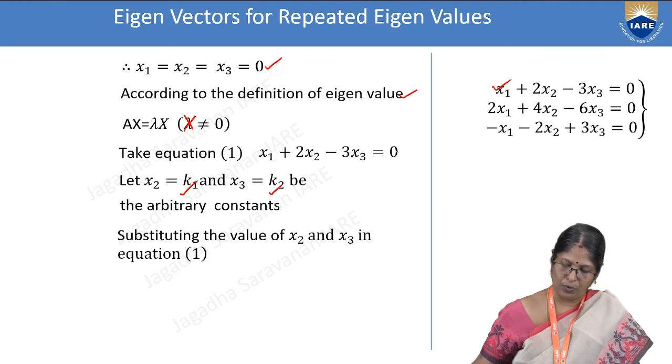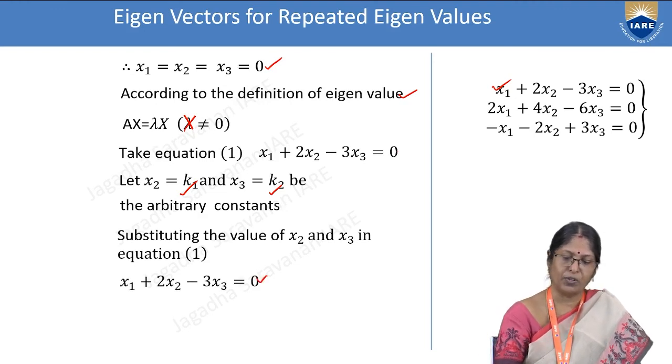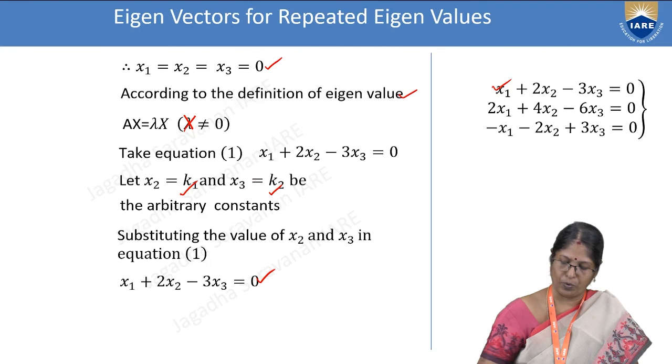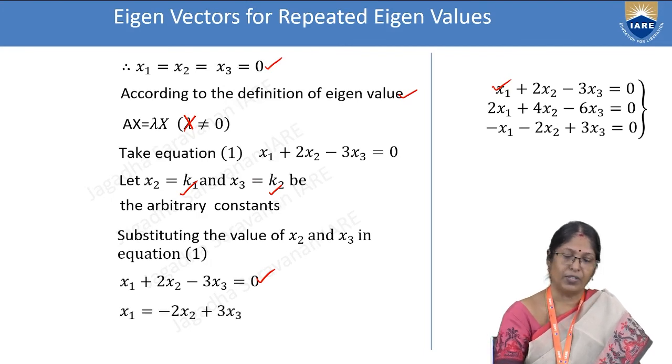Before that we do the simplification: x1 we kept as left hand side, the remaining terms we brought to the right hand side.